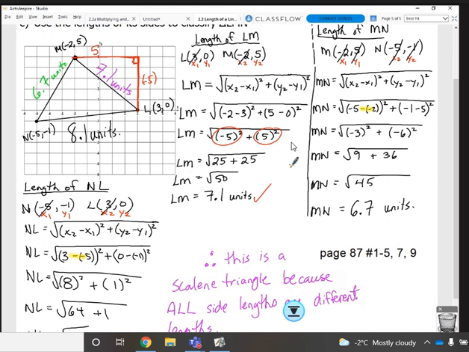Like, how about MN? If we look at MN, boom, boom. We draw in that right triangle using vertical and horizontal lines. The vertical change here is 1, 2, 3, 4, 5, 6. 6 units. Yeah? We're not shocked by that. And then the horizontal change, 1, 2, 3. 3 units. Okay? We're not shocked by that.